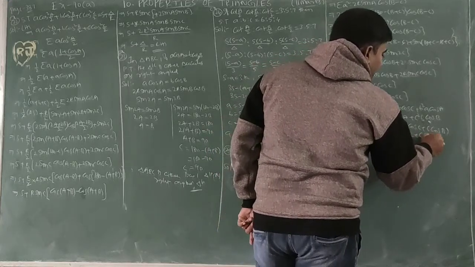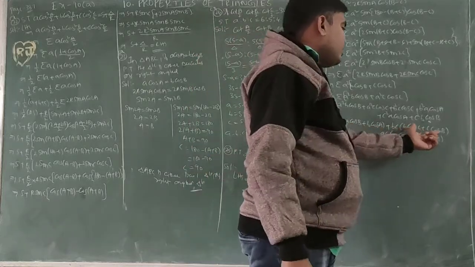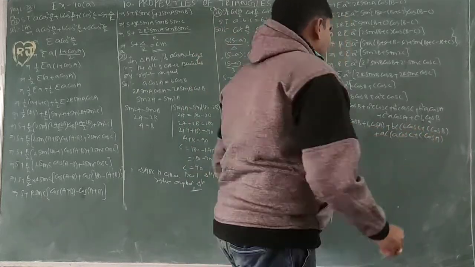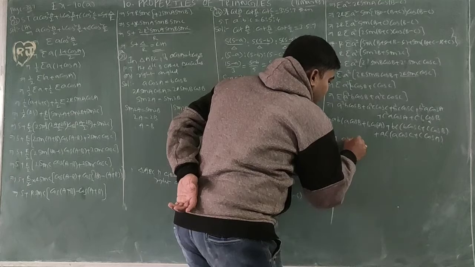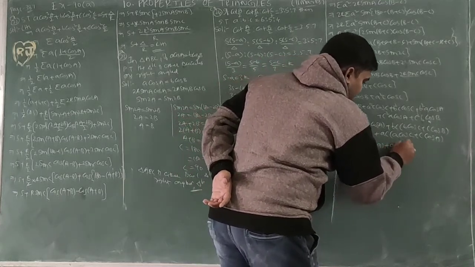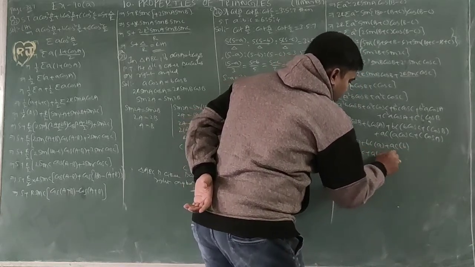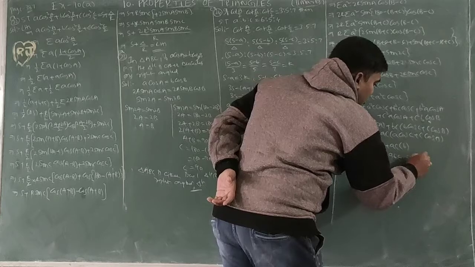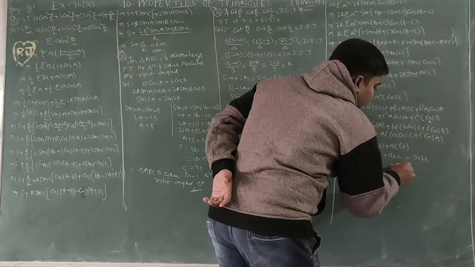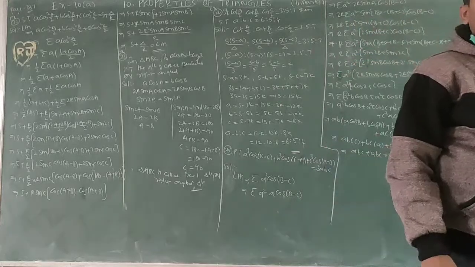Now by the projection rule, this is equal to c, this is equal to a, this is equal to b. So ab into c plus bc into a plus ac into b, abc plus abc plus abc, overall 3abc. This is equal to the RHS. So this is the required proof. Next question.